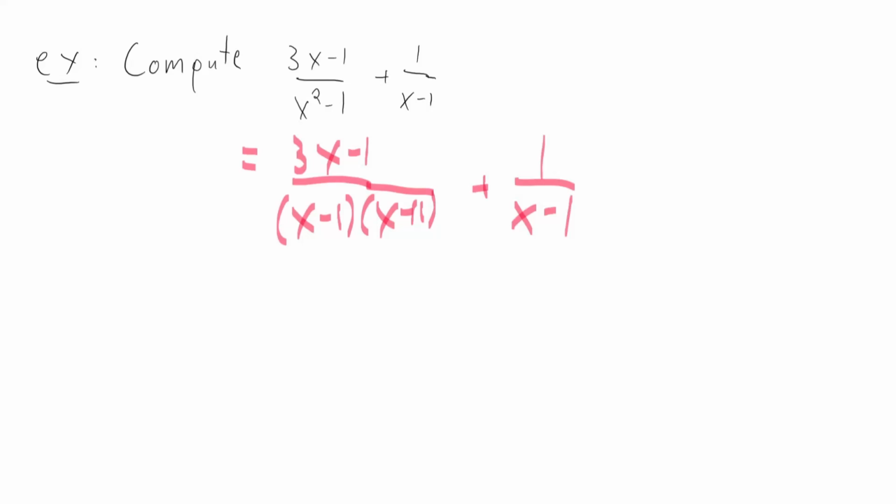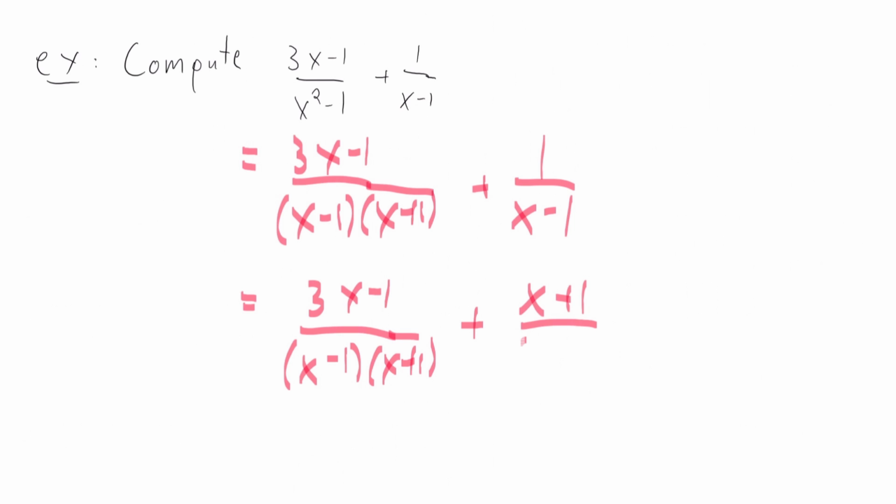And now it seems like, oh, well, my common denominator should be x minus 1 times x plus 1. So I get 3x minus 1 divided by x minus 1 times x plus 1 plus x plus 1 over x minus 1 times x plus 1.